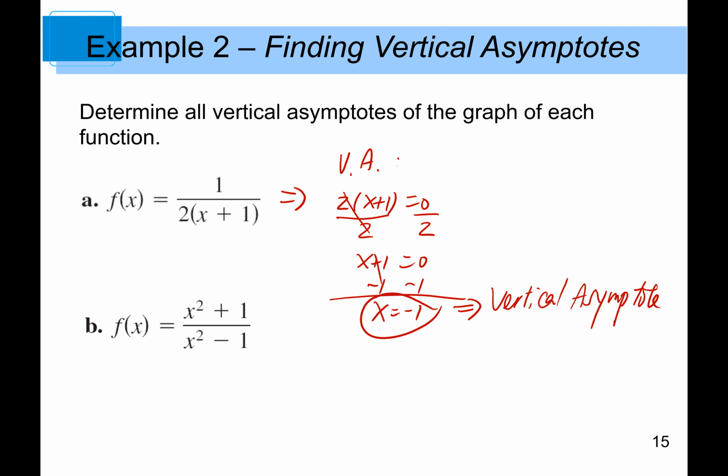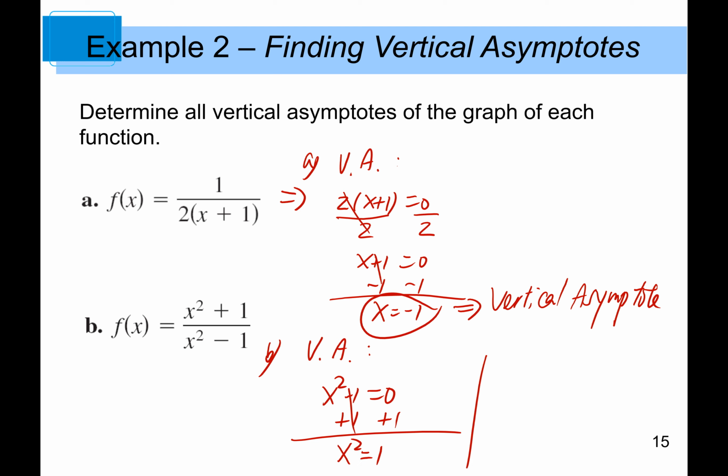And for b, this was a. For b, similarly, in order to find a vertical asymptote, you set the denominator equal to 0. Okay, so we can add 1 to both sides of the equation, cancel that, x squared equals 1.